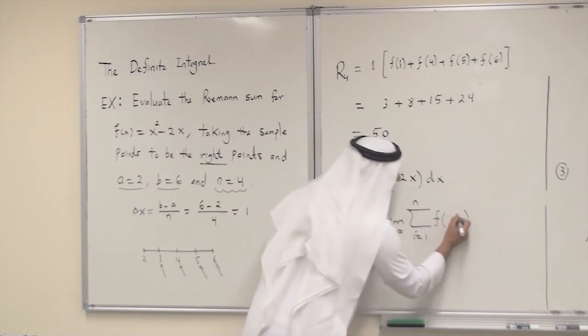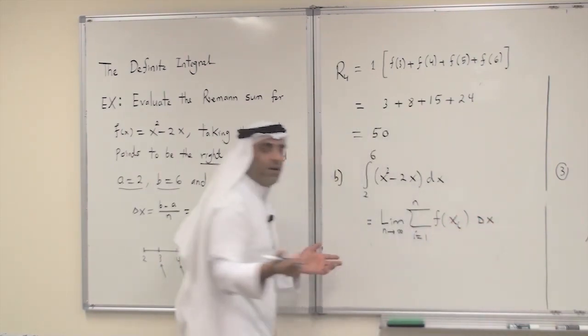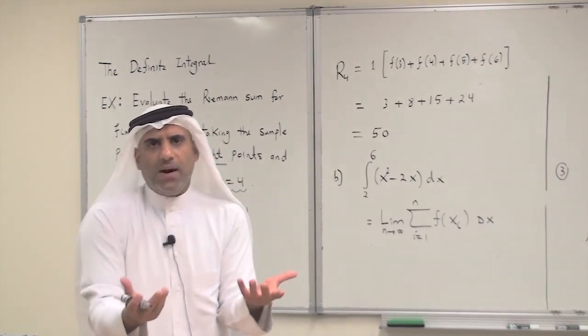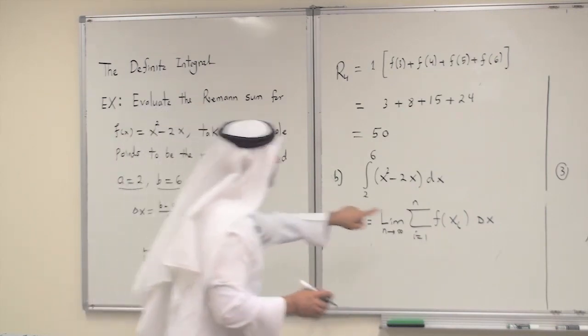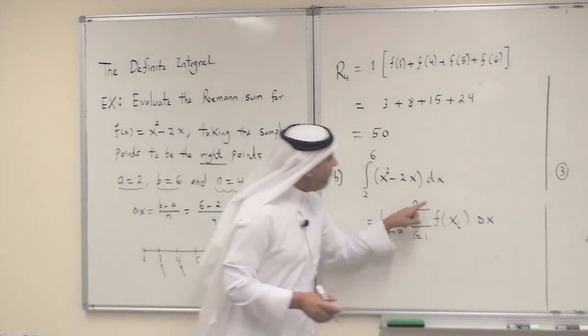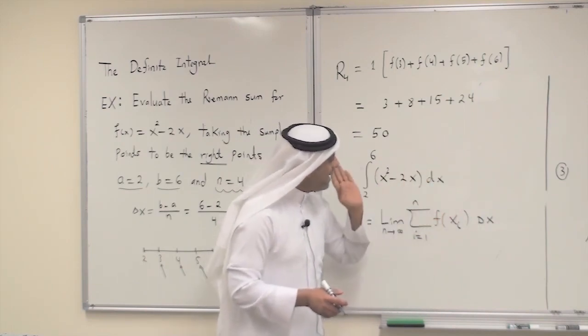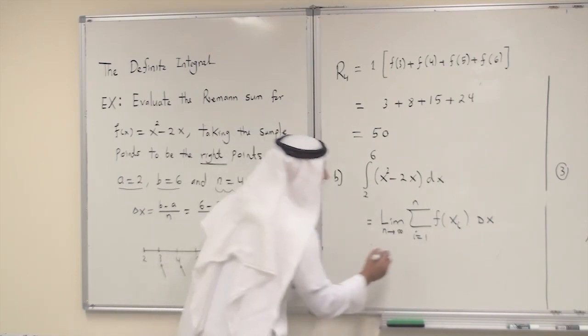I can choose the right points here, or the left points, or practically any point in between, theoretically. Why? Because they give the same answer. I will choose here the right points. Meaning, I am forming Rn, the Riemann sum, taking the sample points to be the right endpoints.